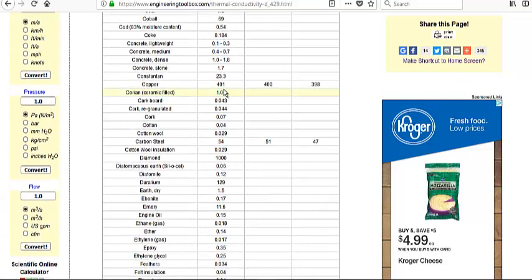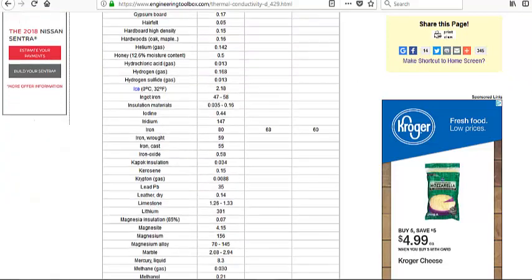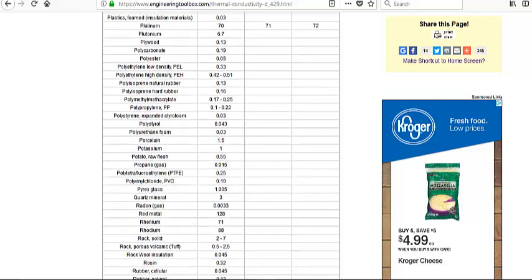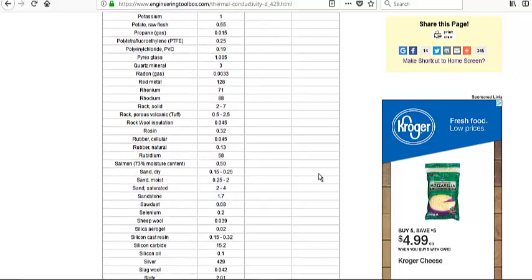There's copper. The thermal conductivity for copper is 401. The thermal conductivity for rubber is, they probably have natural rubber, and there we go, natural rubber, 58. The thermal conductivity for Pyrex glass is 1. So the larger the number, the more easily energy is transferred through that object.